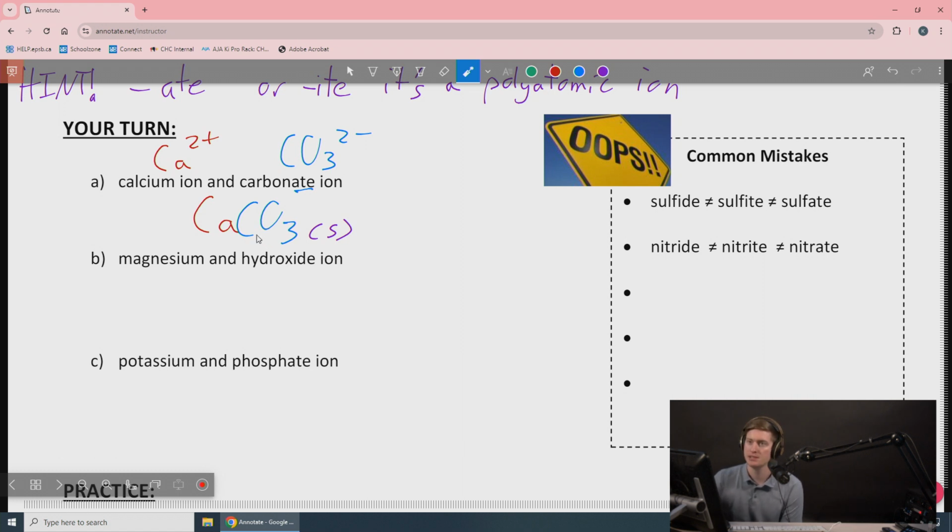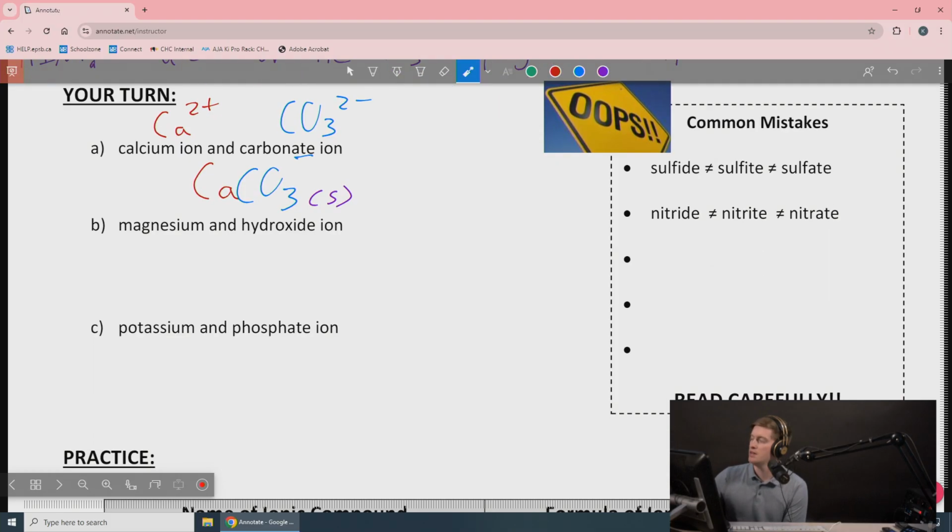Some common mistakes, though, is getting these names mixed up. They are very similar to each other. Sulfide is not the same thing as sulfite, which is not the same thing as sulfate. Just like nitride is not the same thing as nitrite, which is not the same thing as nitrate. This is also true for chloride.